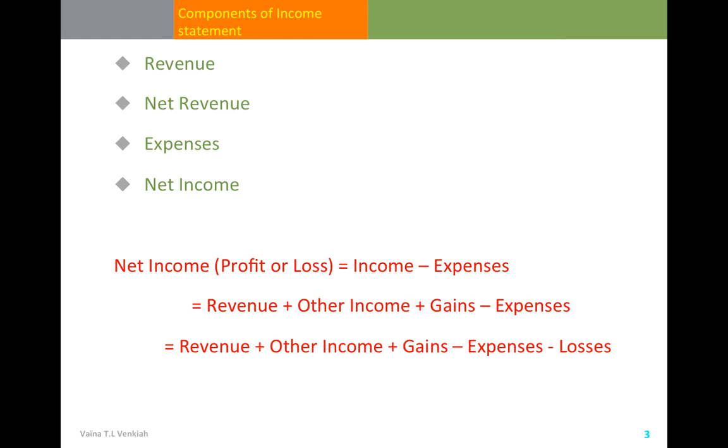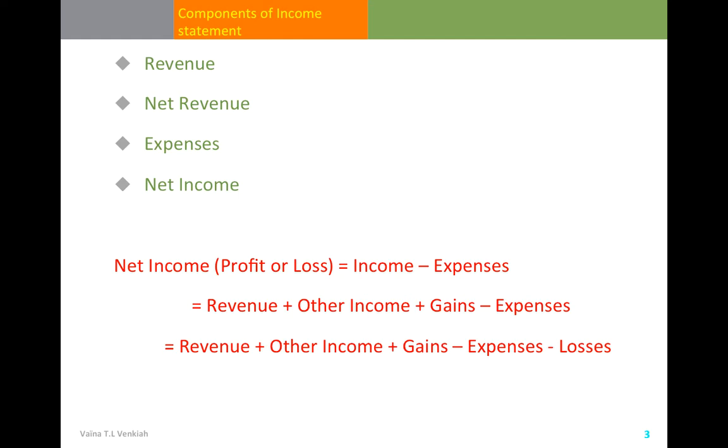When there is a gain, we usually have increases in economic benefits, and when there is a loss, we usually have a decrease in economic benefit. So a net income is given as income minus expenses. Okay?